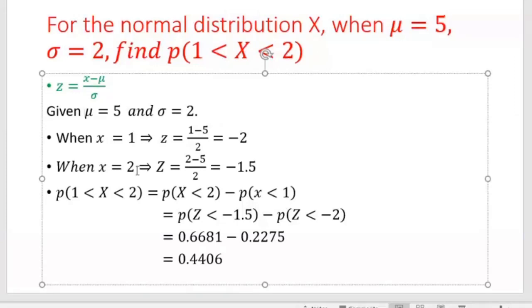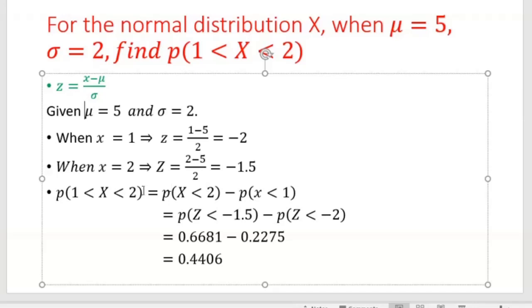So now take the given question, probability of 1 less than x less than 2. Convert this into intervals, that is upper limit first minus the lower limit. So this minus always should come, with this 2 here and this 1 here. Now when x is equal to 2, what is the z value?